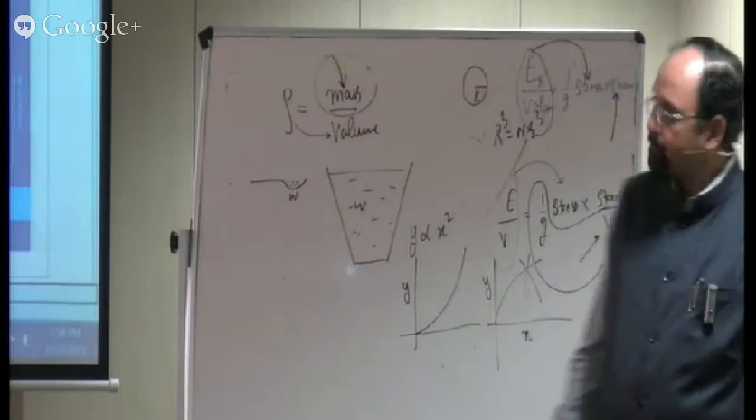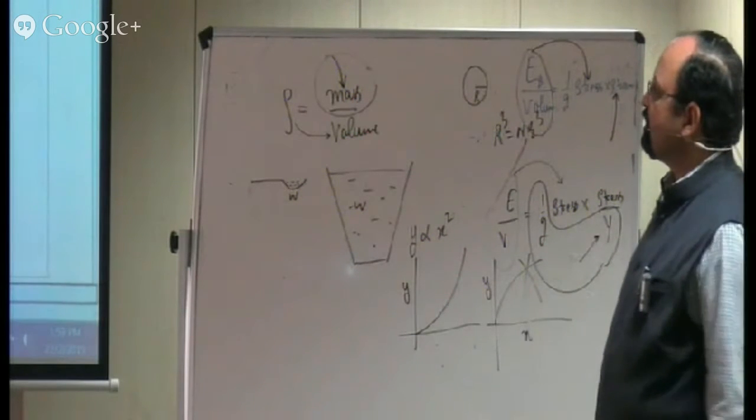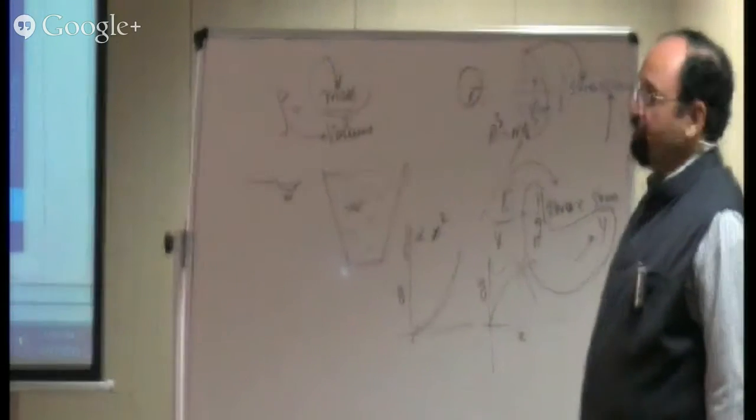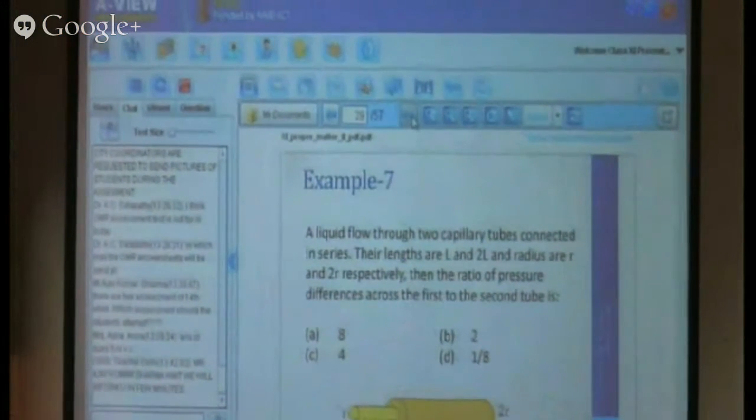Next, sir. Yes, we're coming to the connections. That is tubes connected in series. What does it say? He says that the liquid is flowing through two capillary tubes connected in series.